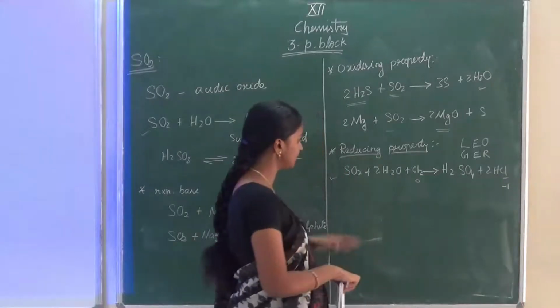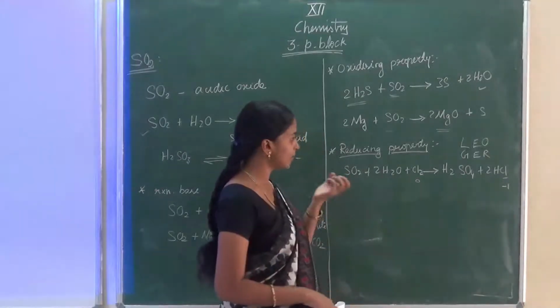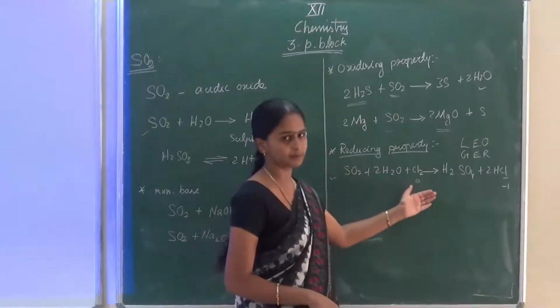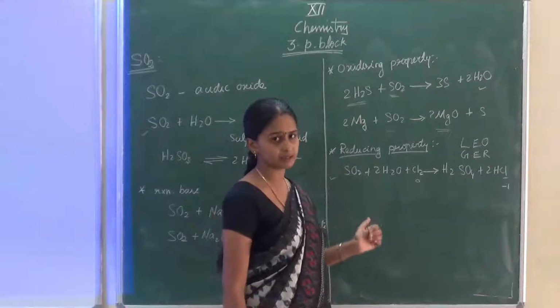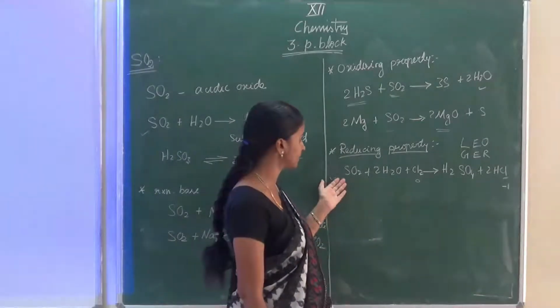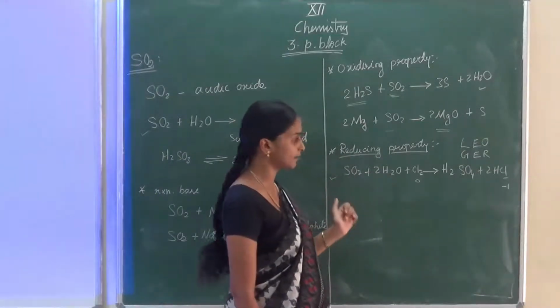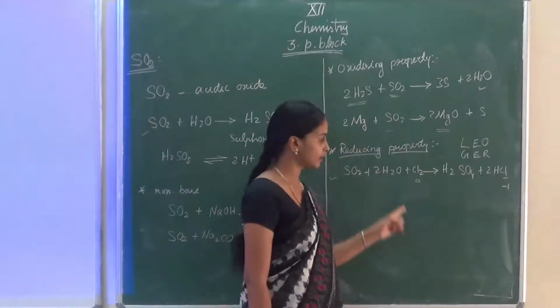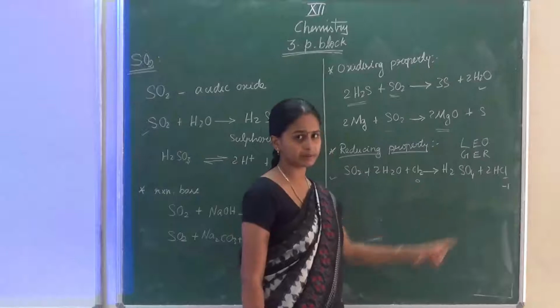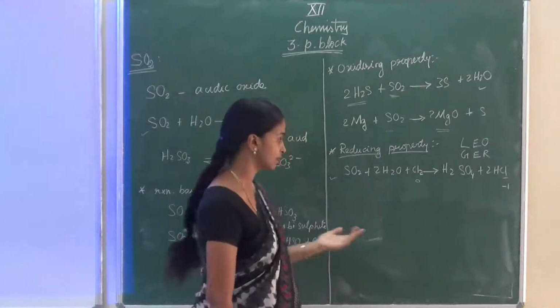That's why we say sulfur dioxide has the power to reduce, so it can act as a reducing agent. This is the example for the reducing property of sulfur dioxide. It reduces chlorine into chloride. You can see the oxidation numbers there and confirm.